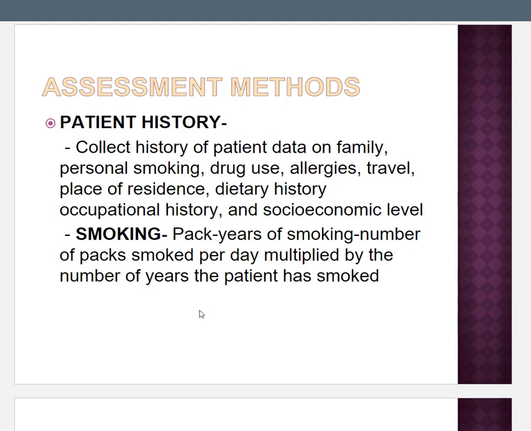It's also important to know about the over-the-counter drugs our patient has been taking: aspirin, Motrin, things like that, extra vitamins. That's really relevant when it comes to learning about what may be the cause of your patient's respiratory problems.